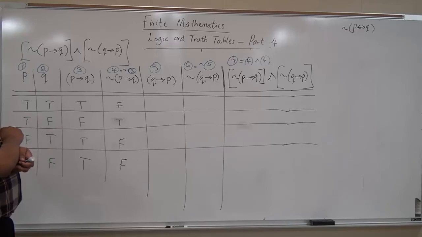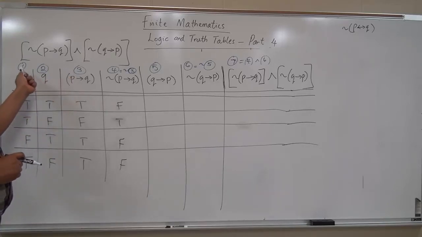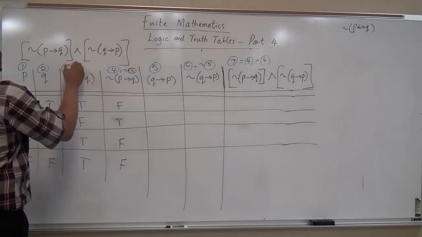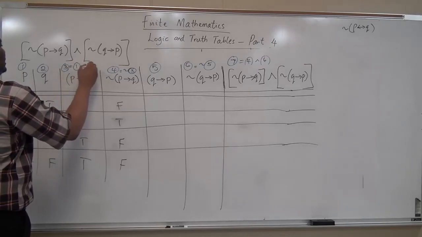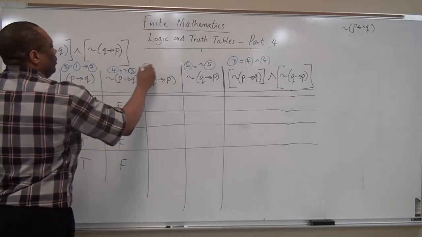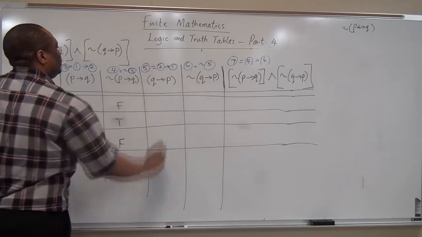Column 3 is actually 1 implies 2, and column 5 you can write as column 2 implies column 1.